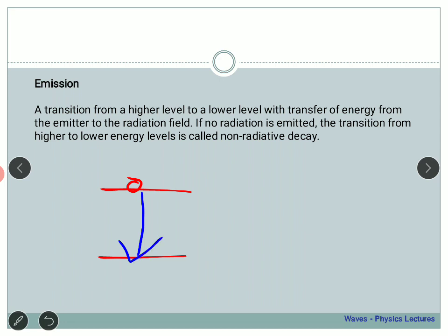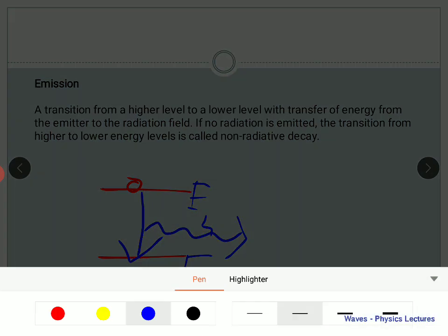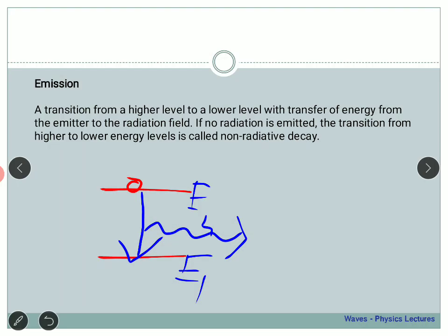And as it comes down, since energy E2 is greater than E1, in order to keep the conservation of energy, it will radiate some output, and that is nothing but the output energy, which can be written in the form of h nu.